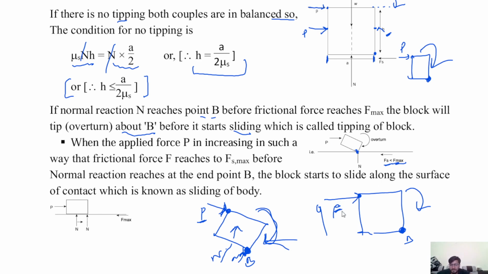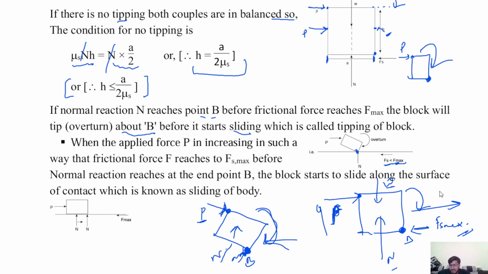When the applied force P is increasing in such a way that the friction force F reaches Fs max before the normal reaction reaches the end point B, the block starts sliding. So this P force and Fs max, and this W and N form a balanced couple, and the body starts to slide. There is no overturn.